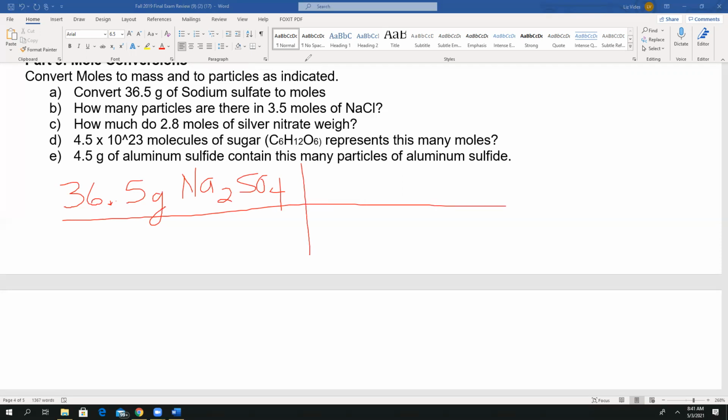First thing to do is to get the molar mass. So for that one, we're gonna have 2 sodiums at 22.99. So let's do that molar mass. Plus, gonna have 1 sulfur at 32.07.